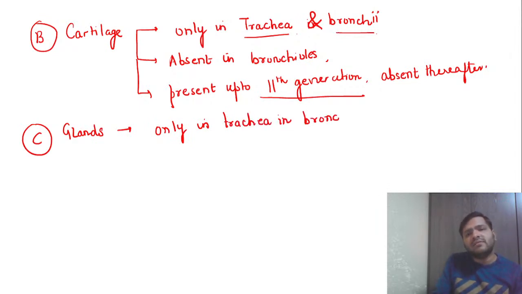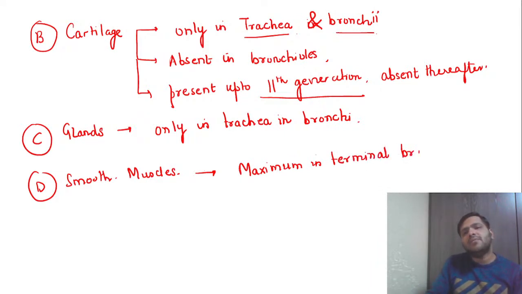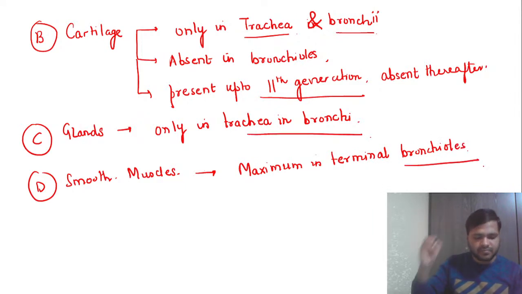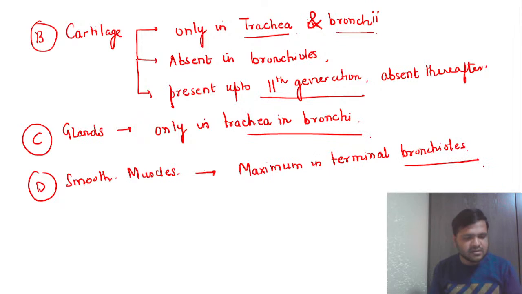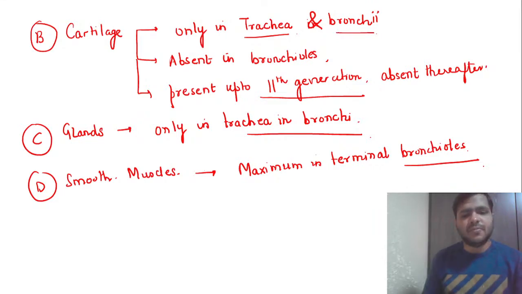And the last one, that is the smooth muscles. It is maximum in terminal bronchioles.